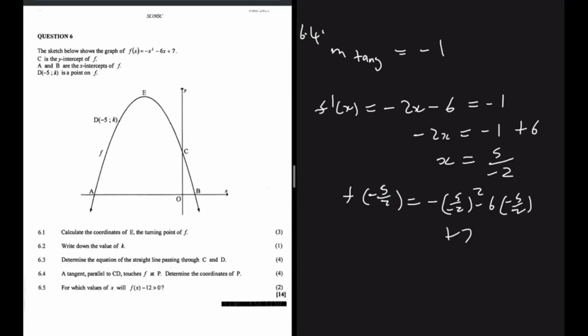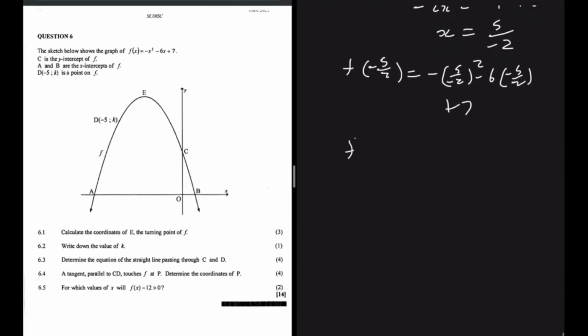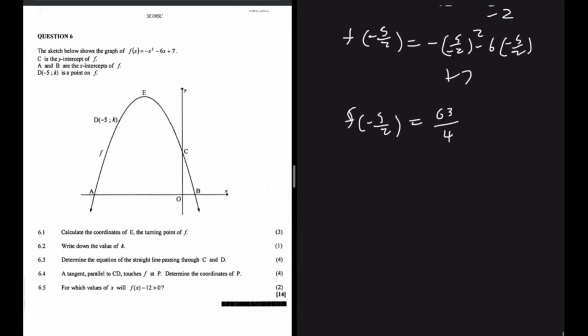And then let me put that in my calculator and see what that gives me. Just hold on a sec. And that is giving me f of minus 5 divided by 2 is equal to 63 divided by 4, right? And then let's carry on.